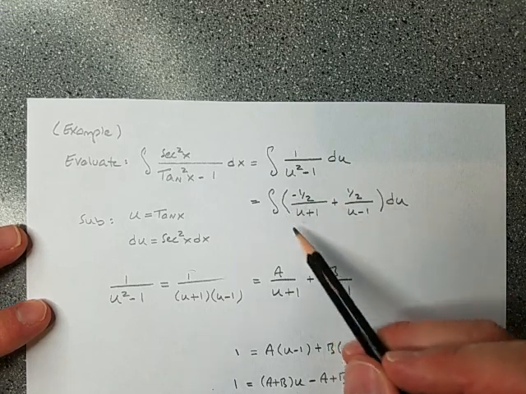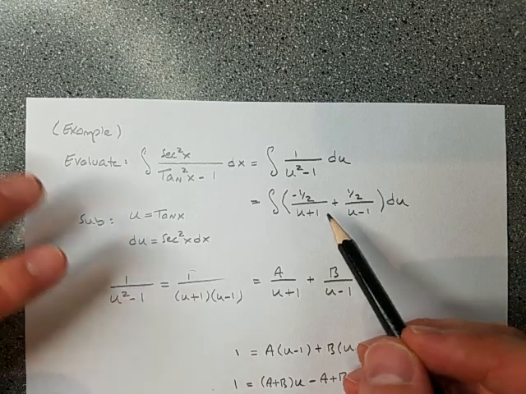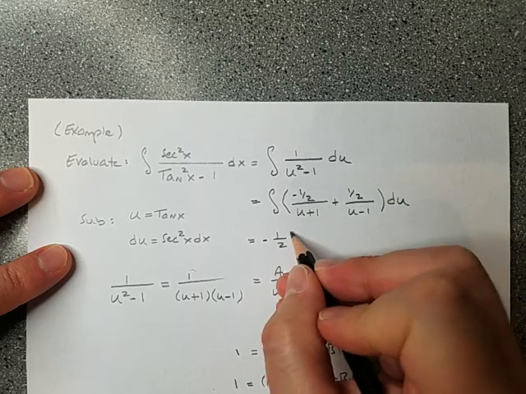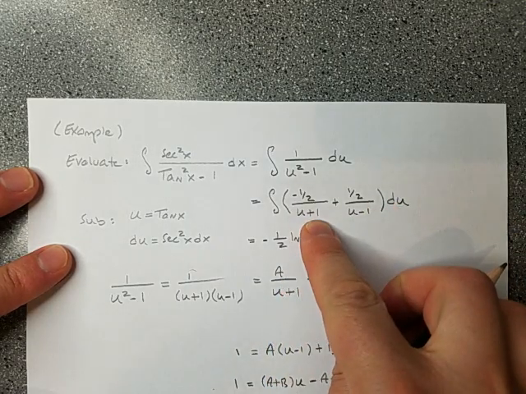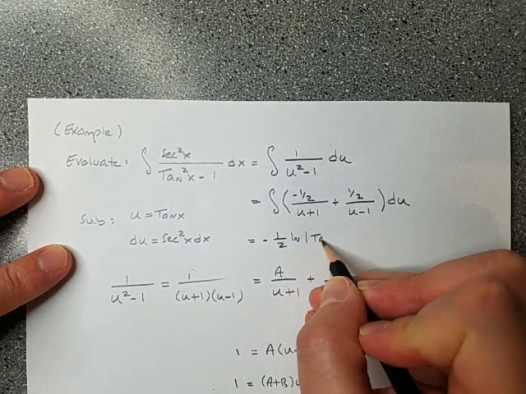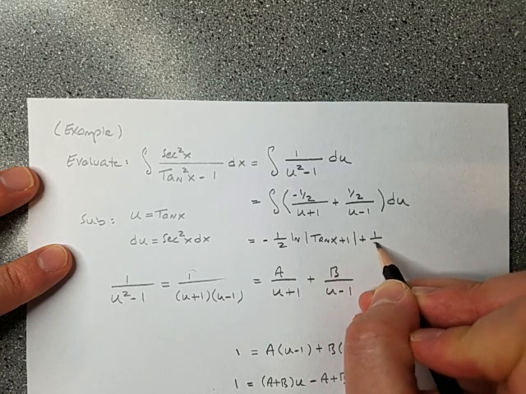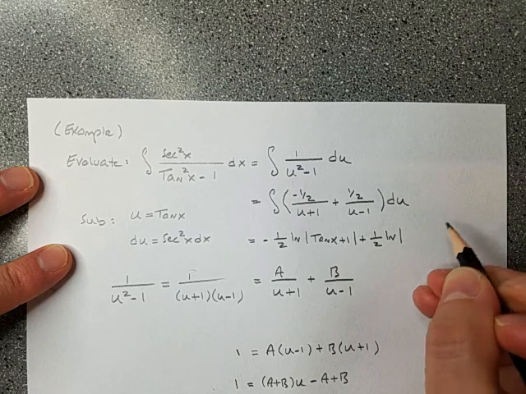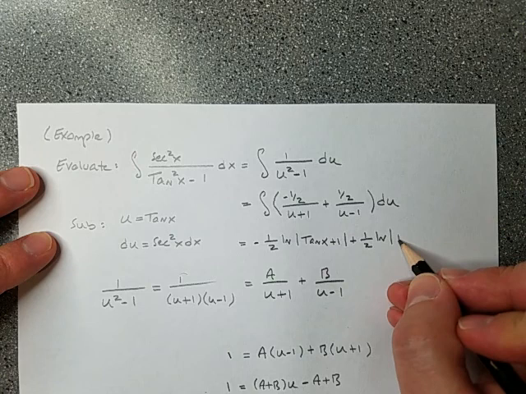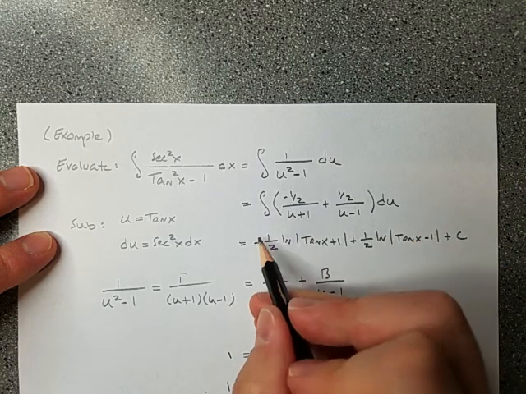It's a little bit awkward to say that now, given that I've already done one u substitution, but you could do another, and that's all this is. So here's what you're going to get. Negative 1/2 natural log of u plus 1, but u is tangent, so tangent x plus 1, plus 1/2 natural log of u minus 1, but u is tangent, so tangent x minus 1, plus c, and then we've got it.